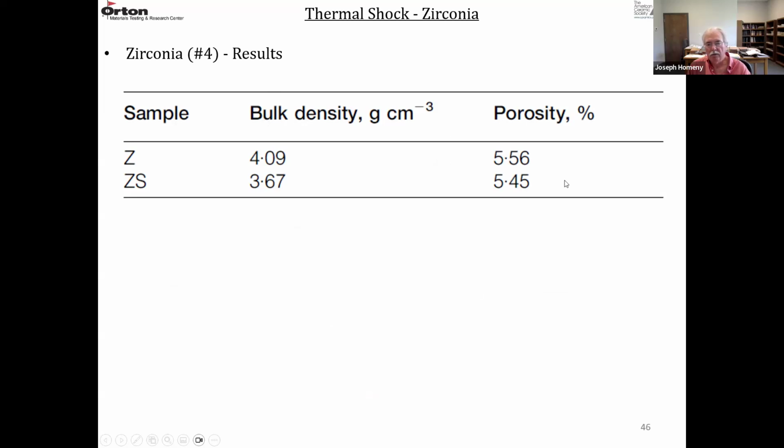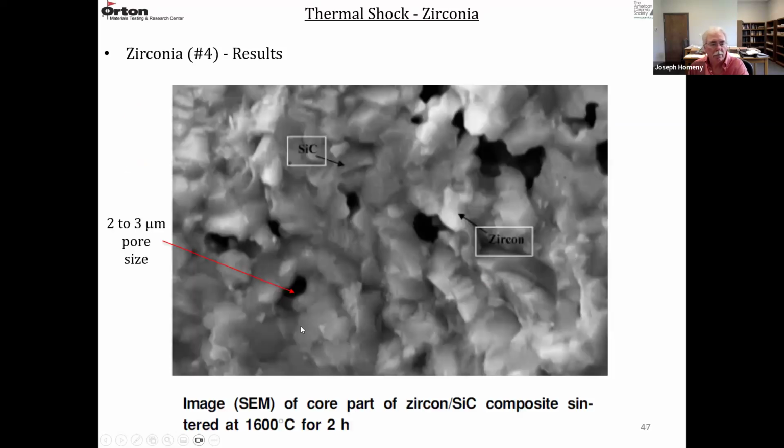The porosities were about the same. Z is zircon, ZS is the zircon composite with silicon carbide. The bulk density changes because SiC is lower density than zircon, but they kept the porosities the same to eliminate the effect of the pores. The pores would enhance the thermal shock resistance.